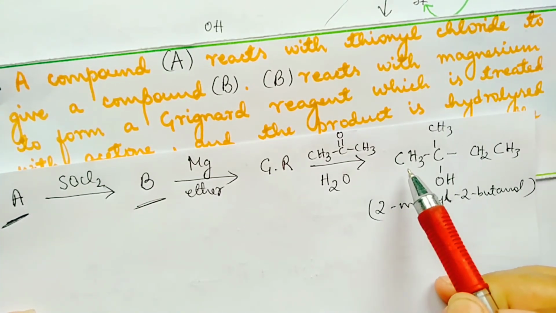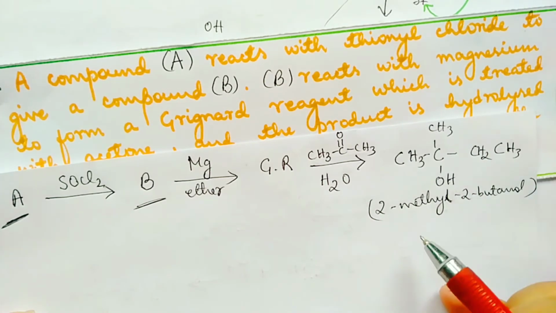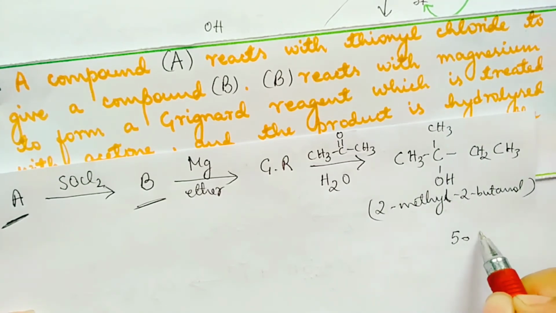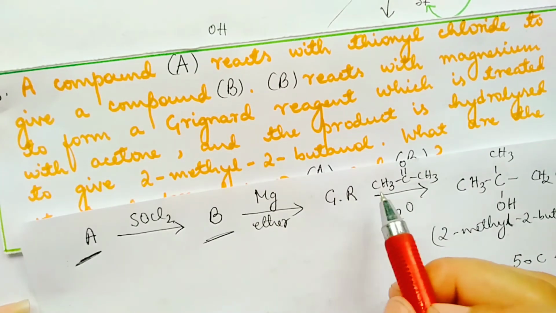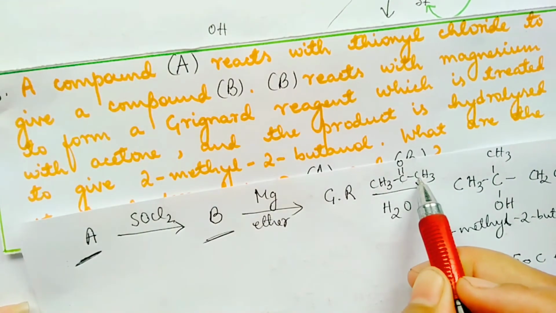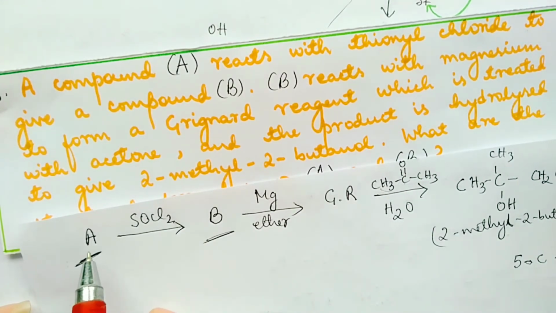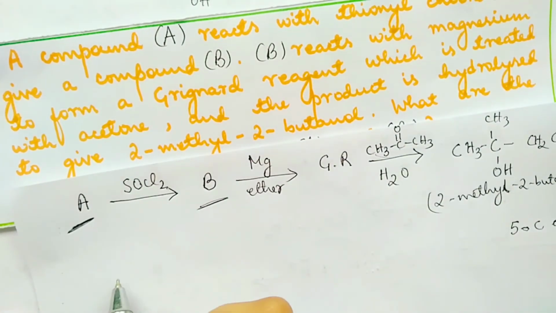This compound has how many carbon atoms? 1, 2, 3, 4 and 5. Okay, 5 carbon atoms. And here how many? 1, 2, 3. So you already have 3 carbon atoms. Then your compound A should have 2 carbon atoms.